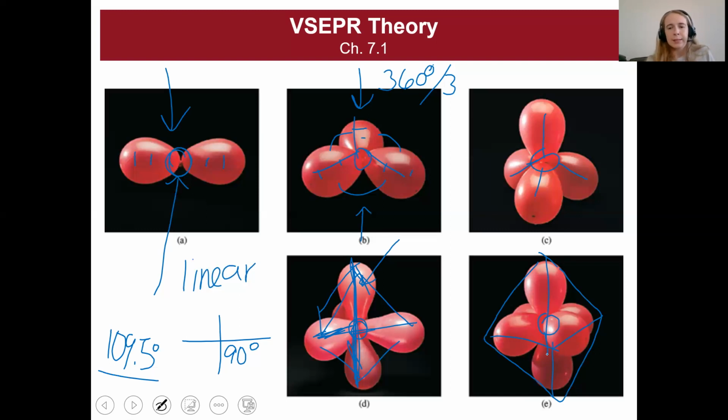That is when we have 6 terminal atoms. We've got 6 vertices and 8 sides. But the sides don't really mean anything to us, just these vertices where our different electrons are residing as far away from each other as possible.